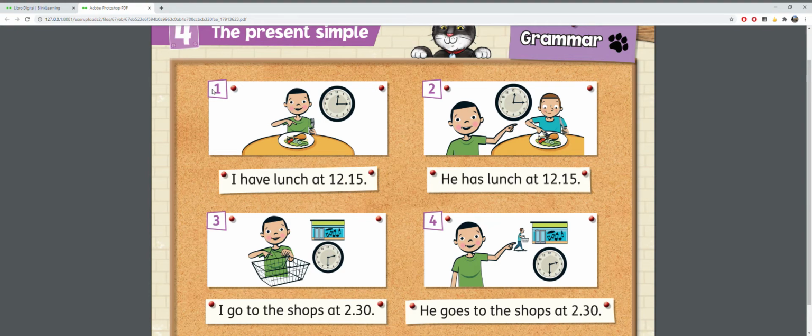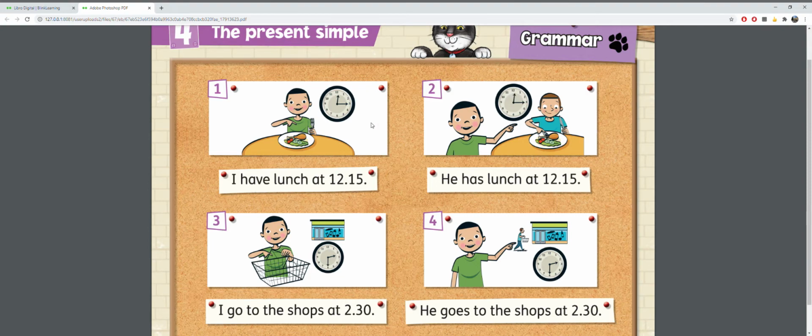For example, the first one is I have lunch at 12:15. Very good. Number 2, we have he has lunch at 12:15. We have 2 options.